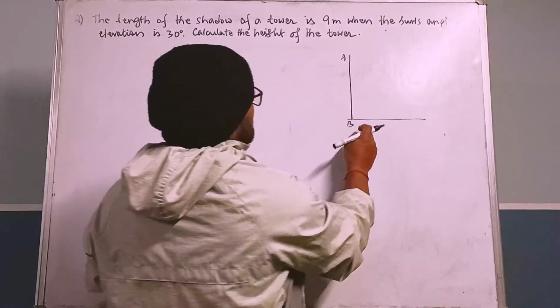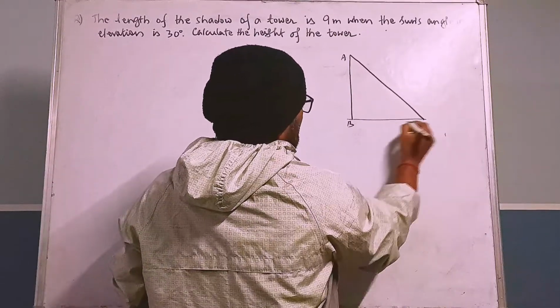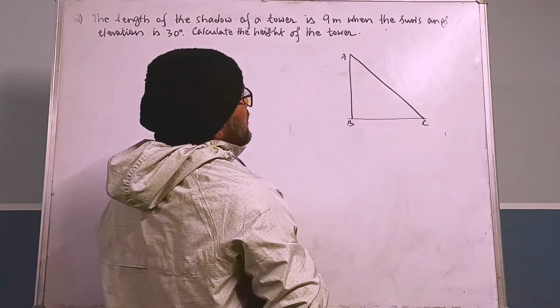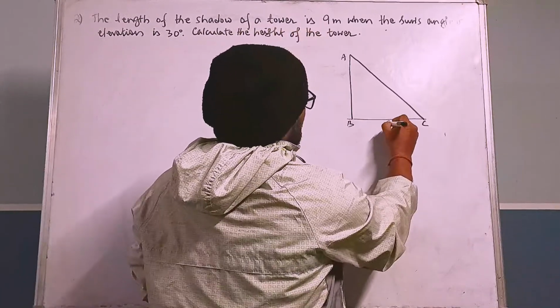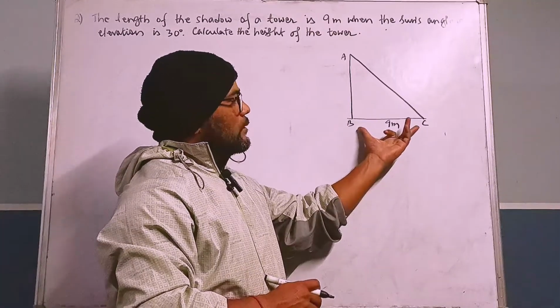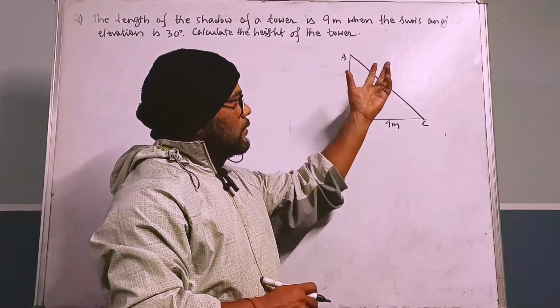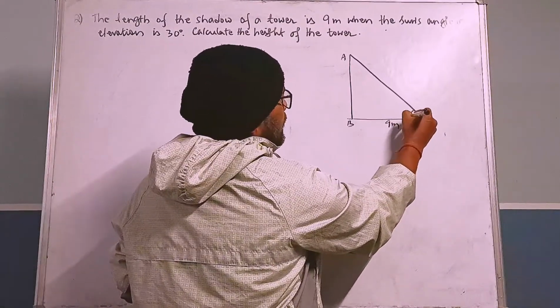This tower forms a shadow BC, and the length of the shadow of the tower is 9 meters. When you see the length of the shadow of the tower, the sun's angle of elevation is 30 degrees.